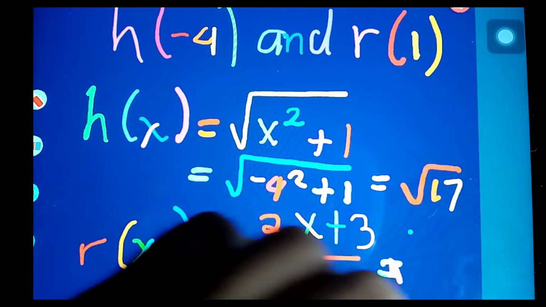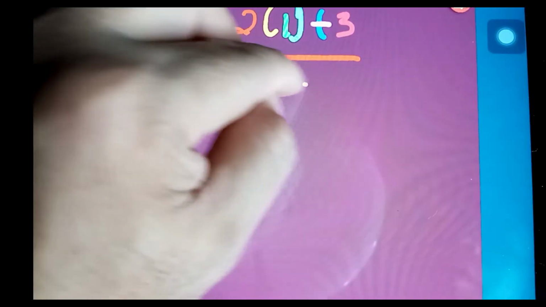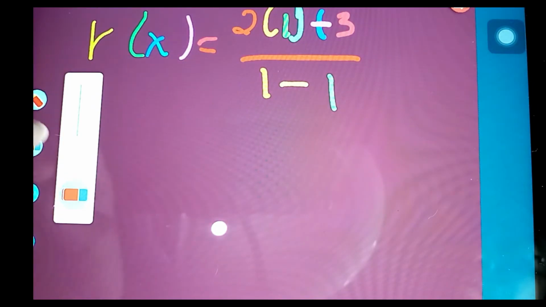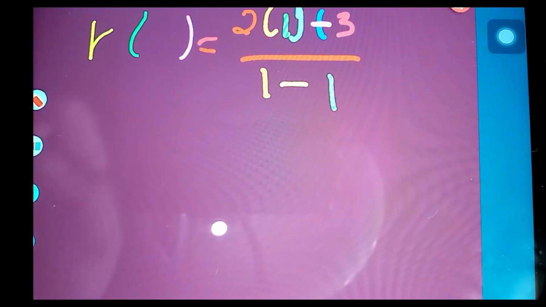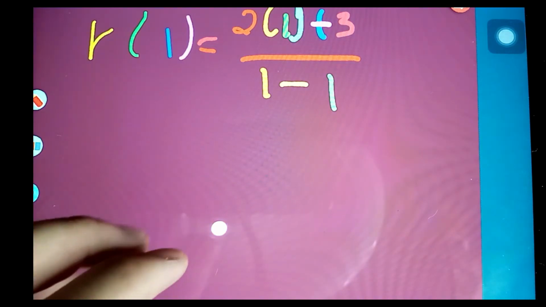Let's repeat it so it's clearer. 2 times 1 plus 3 all over 1 minus 1. That is for x equals 1.